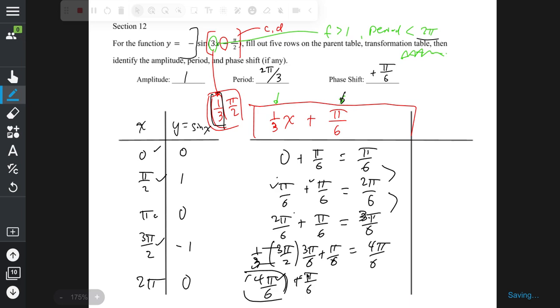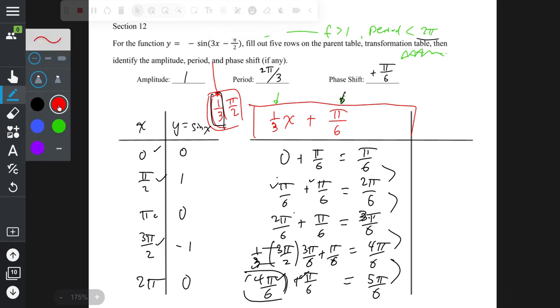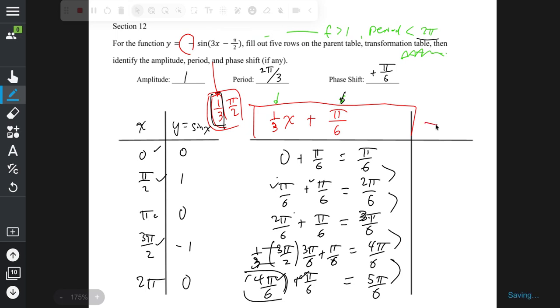Four pi over 6 plus 1 pi over 6, that's 5 pi over 6, as you would expect. Okay. And in terms of the transformations to the y, all I see on the outside of this function is this negative value. So we're really talking just negative y. So we're flipping the signs where there are signs.